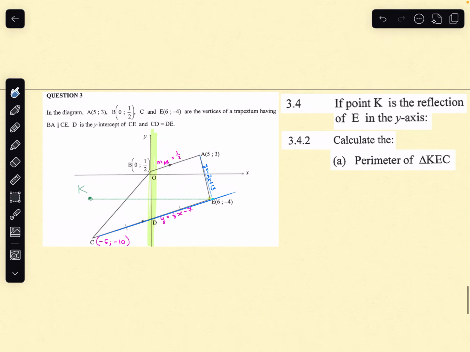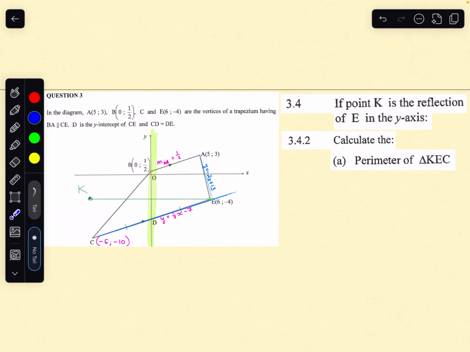So the question says, using the same K that we constructed in the previous question, with coordinates -6 and -4, we are then asked to calculate the perimeter of KEC.